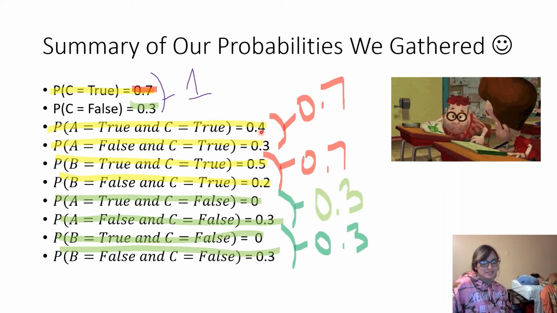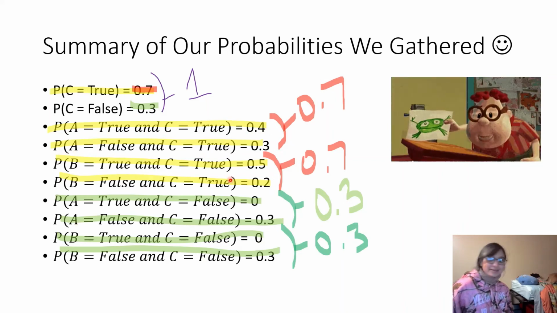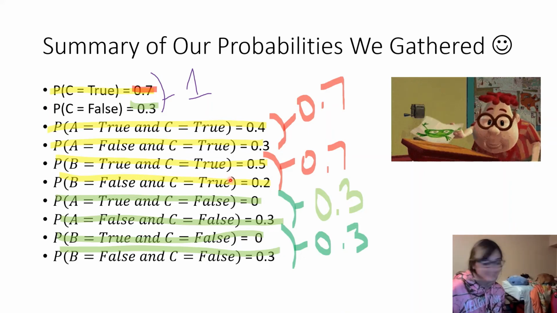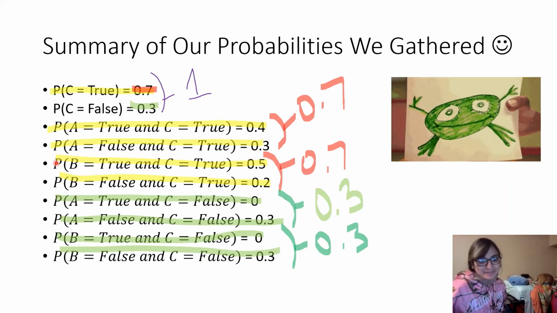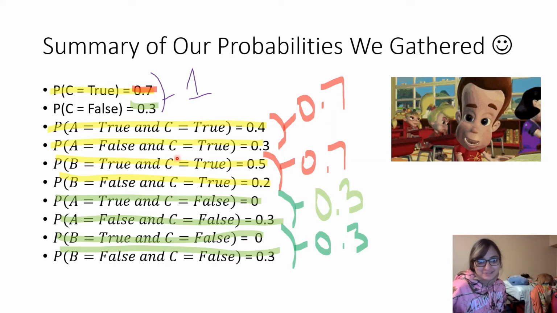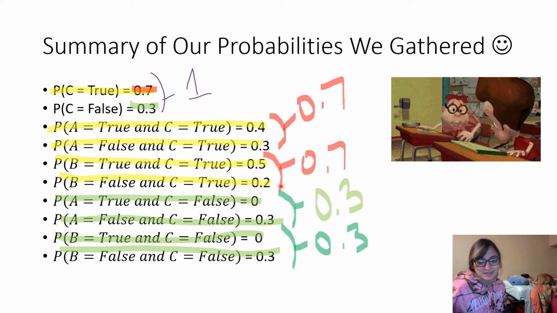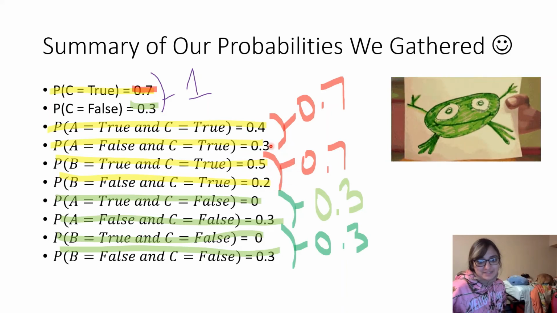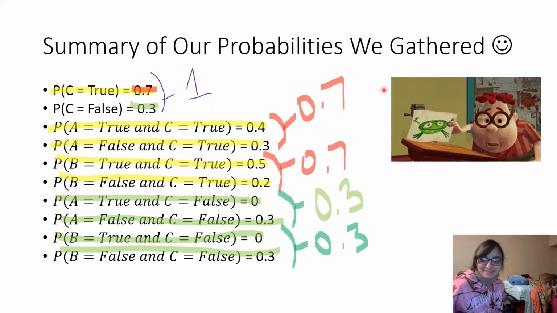So A is true and C is true is 40%, A is false and C is true is 30%. And B is true and C is true is 50%, B is false and C is true is 20%. These add up to 70%, and these add up to 70% here too.